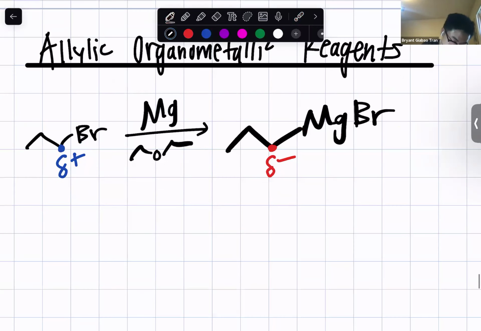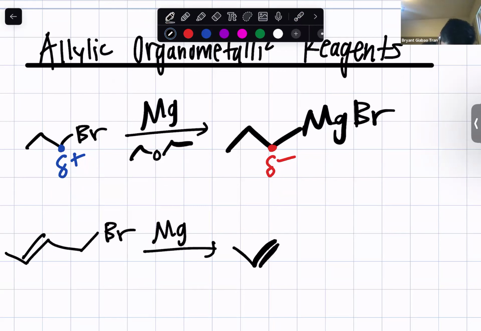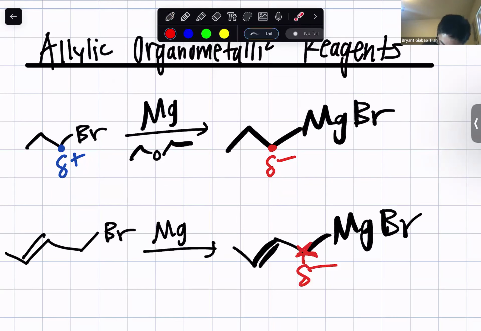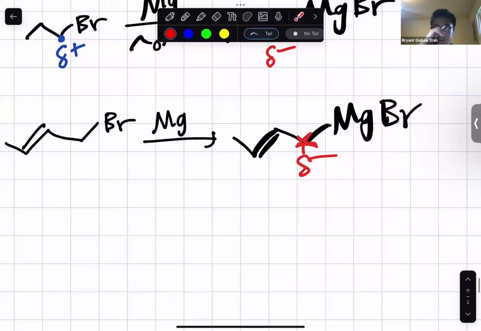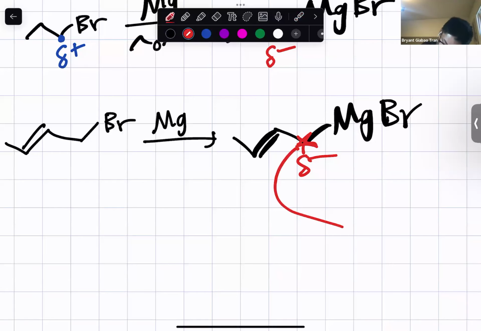Right. The exact same thing happens for allylic. Where this is going to be our nucleophile here, the one attached to the Mg, which that nucleophile can attack any electrophile, like anything that's positively charged.